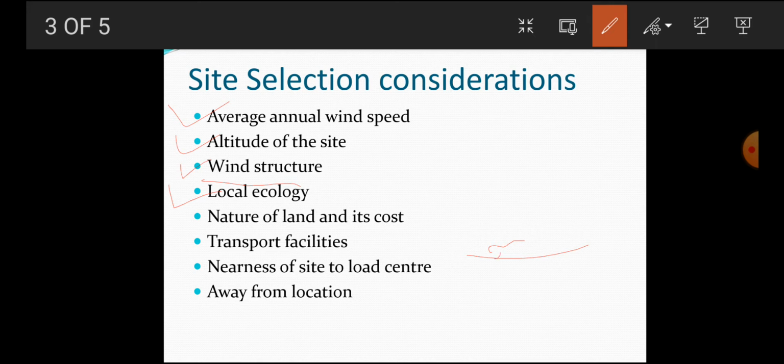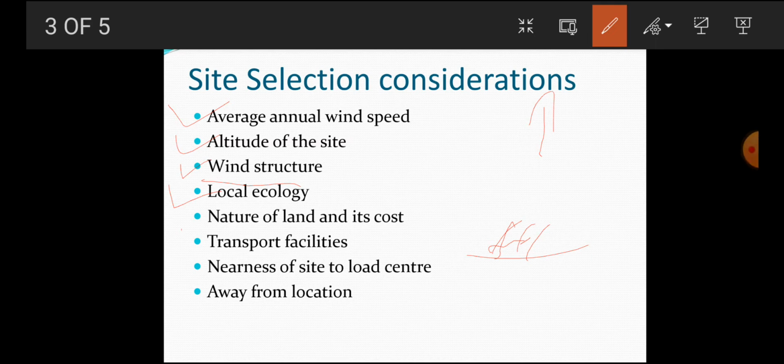So if some crops or some small plants are present, which can destructure the wind, then if you are installing, the height should be increased a little bit, which can increase the cost of the system. So that is the ecology, if you want to save the ecology also.